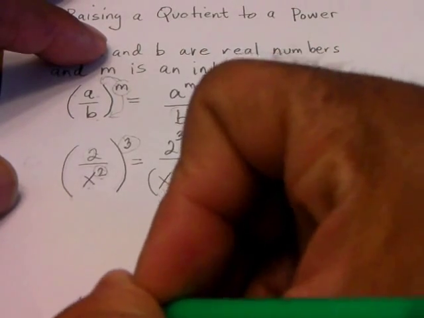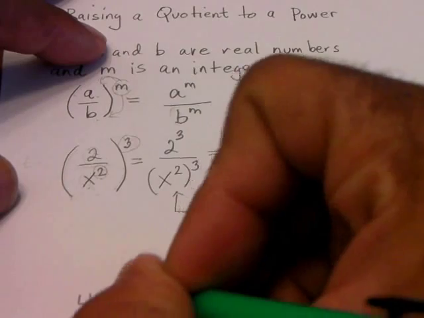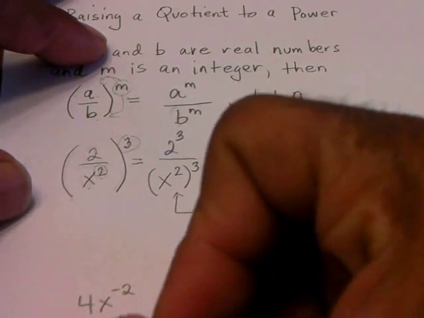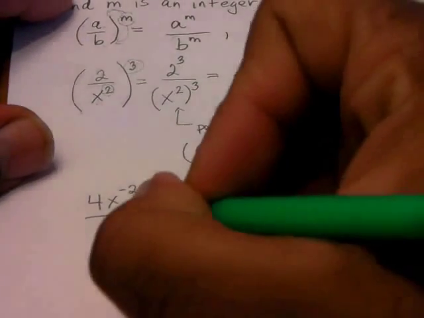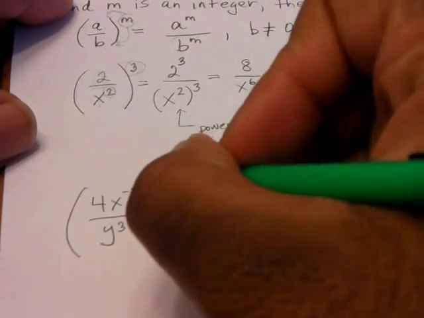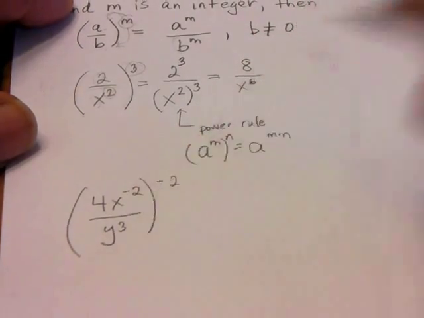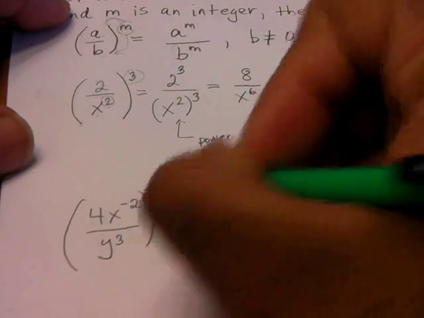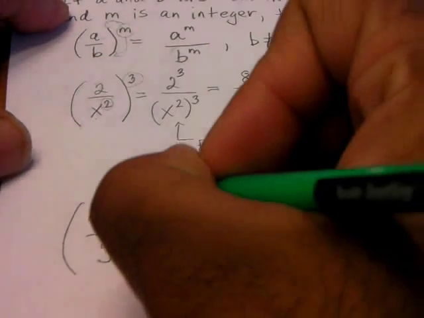We have 4x raised to the power of negative 2 over y to the third, and that's the quotient raised to the power of negative 2.